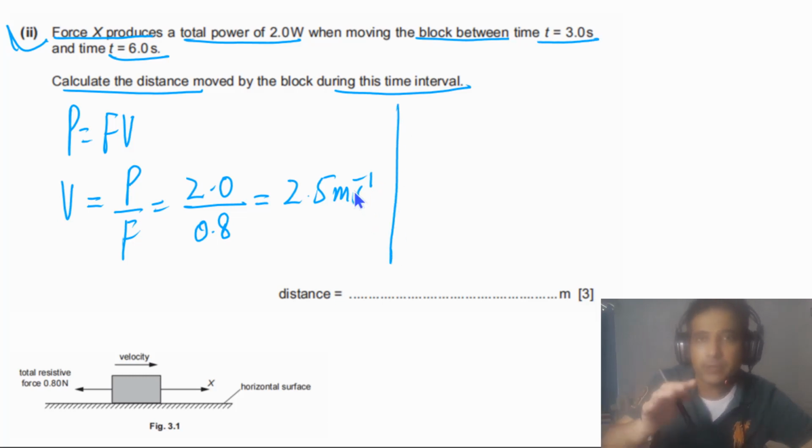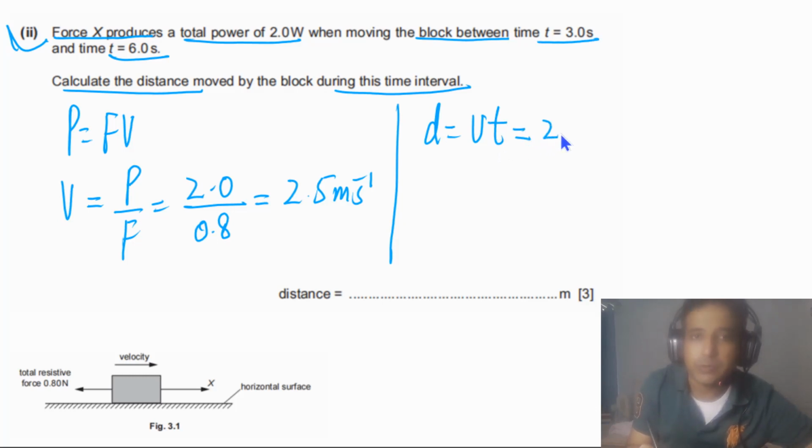Now we have the value of V, and the block is moving at constant speed because there is no resultant force. So distance is equal to V times t, because speed is constant. The speed is 2.5 and the time interval is 3.0 seconds.